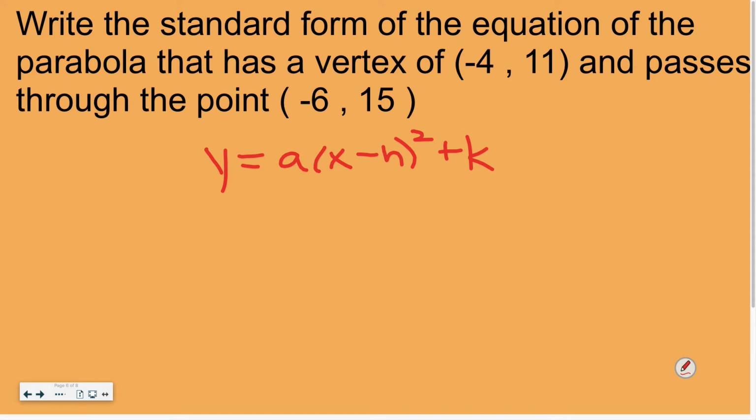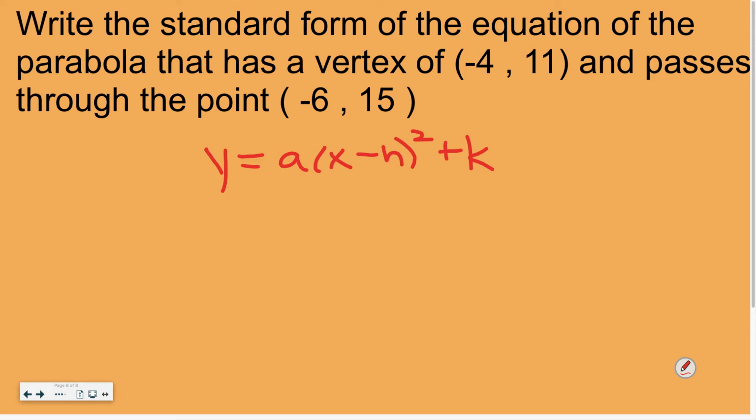So we want to find a. A would be the stretch, right? So if we plot that second point, we could probably figure out if it's stretched or not.